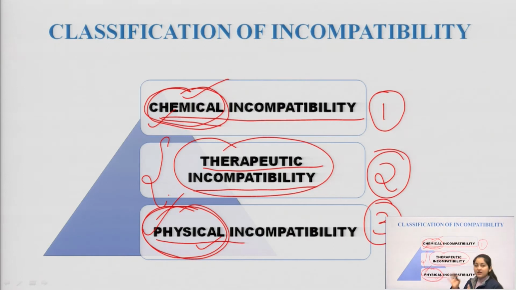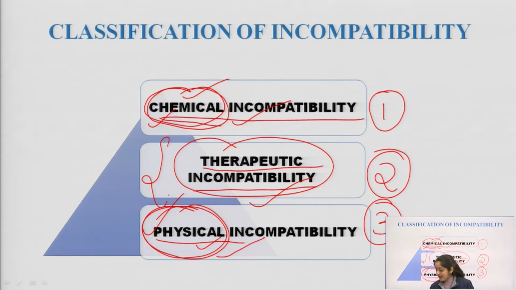Majorly, pharmaceutical incompatibility is classified into 3 types: physical incompatibility, chemical incompatibility and therapeutic incompatibility. Whenever we mix 2 or more ingredients, and the change that occurs is completely undesirable, that phenomenon is pharmaceutical incompatibility.